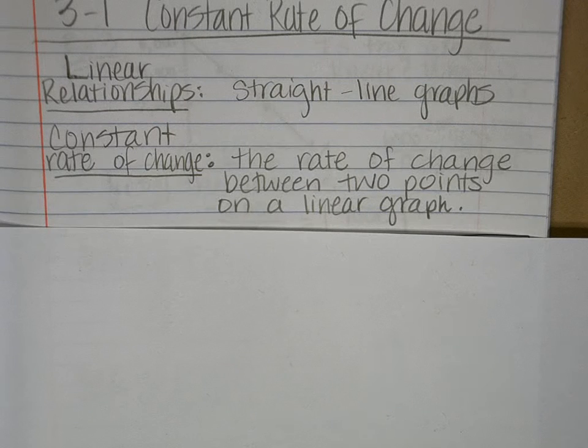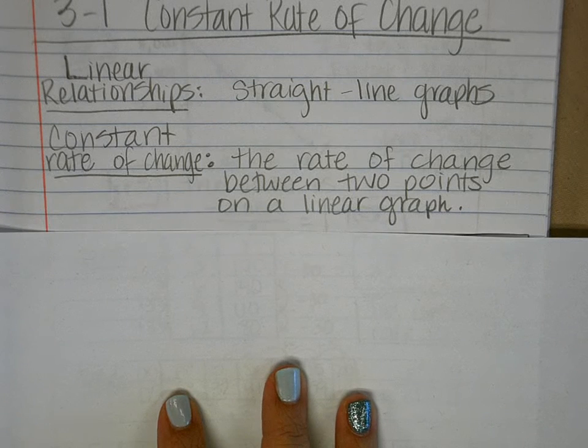How is it changing over time? So the constant is the rate of change between 2 points on a linear graph.